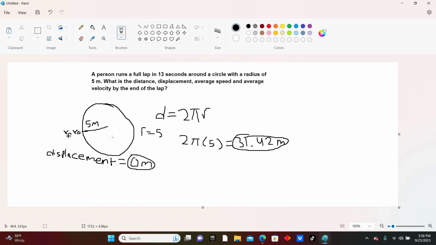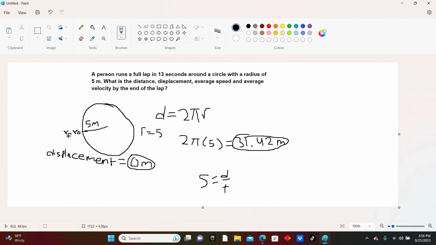Okay, now let's do the average speed. The formula for average speed is distance over time. So speed s equals d over t.